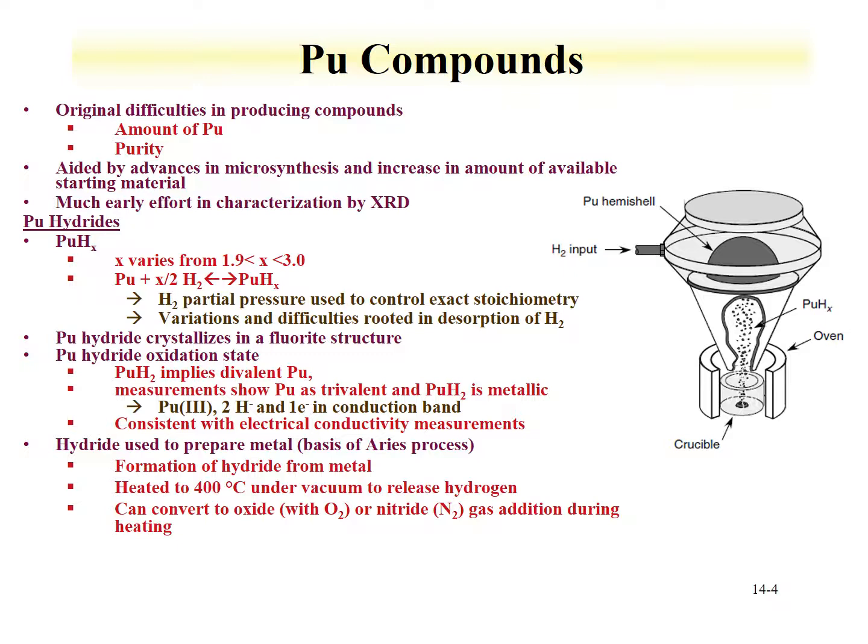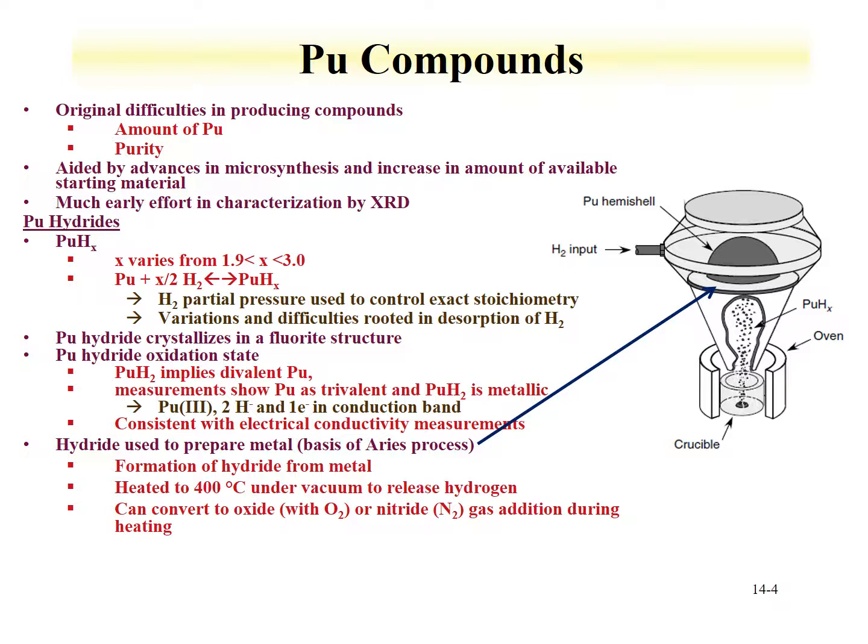And here's an example of the Aries process, which is shown here, where a plutonium metal will be treated with hydrogen. The plutonium hydride is formed. The plutonium hydride flakes away from the metal, so the plutonium hydride can form into this crucible.